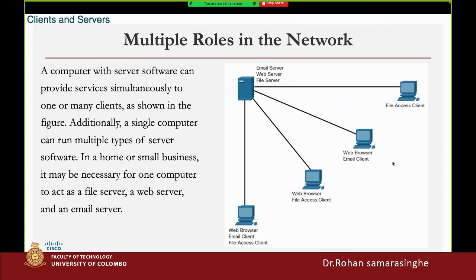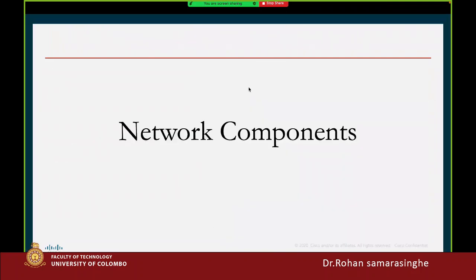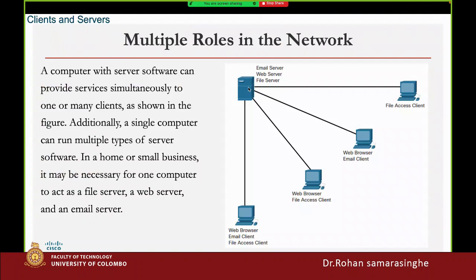Multiple users can make the same request, but the server will provide it. Different clients will ask for different services, the web services or else, and also the client must have the software, web browser, email client and file access client. Then we can get the services simultaneously.